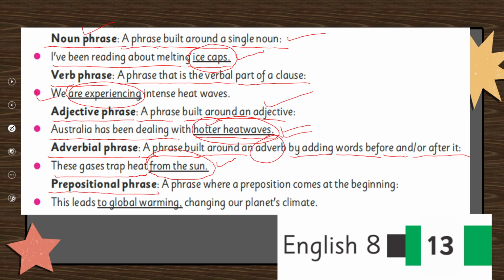Prepositional phrase is a phrase where a preposition comes at the beginning. For example, this leads to global warming, changing our planet's climate. So to global warming, because this is starting with a preposition, hence we will call this a prepositional phrase.